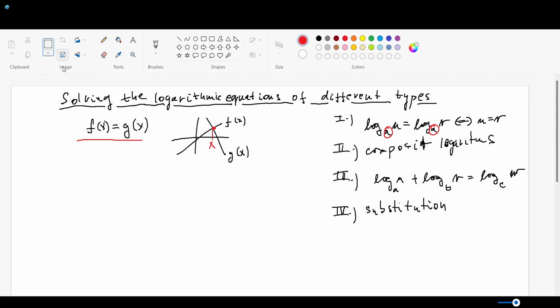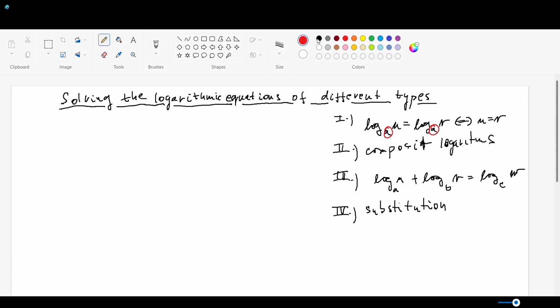Okay, let's go a little bit further and start with the next explanation, which we will use in all of these exercises, in all of these 4 types of equations we will be solving. As we already know, the exponential function a to the power x has as its inverse function the logarithm base a of x.